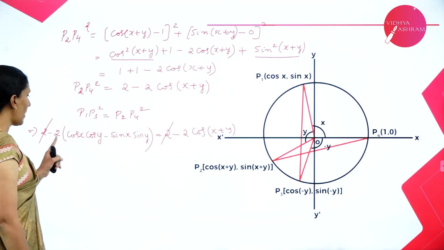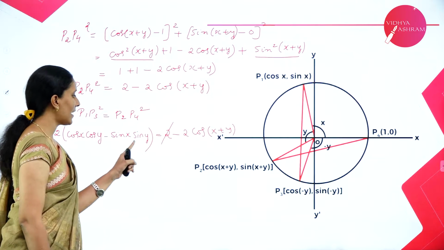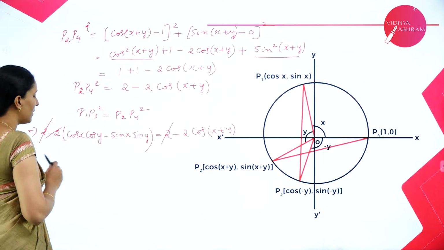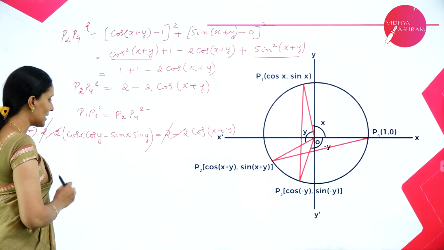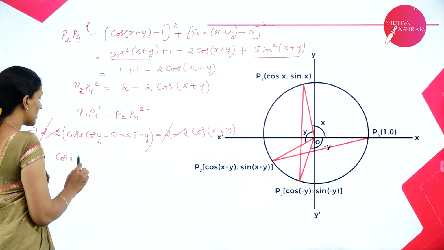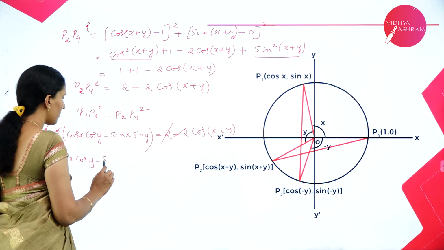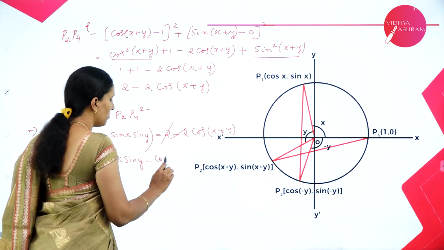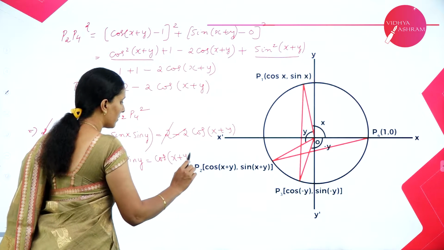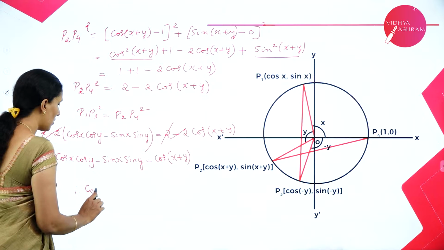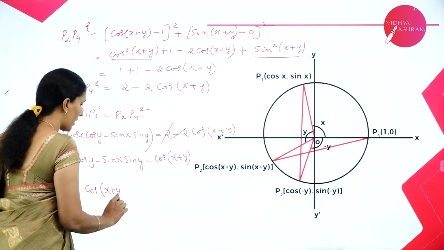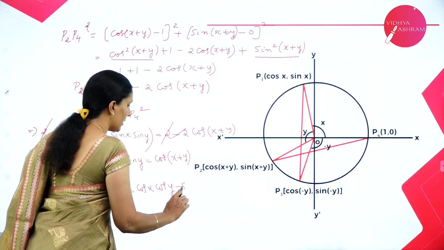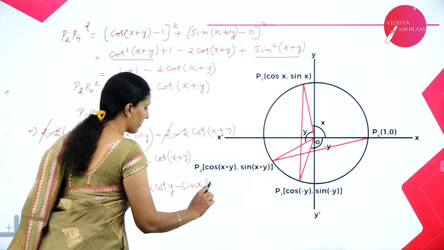Then you are left with minus 2 (cos x cos y minus sin x sin y) equals minus 2 cos of (x plus y). Again the multiple minus 2 cancels. So you are left with cos x cos y minus sin x sin y equal to cos of (x plus y). So thus we can conclude cos of (x plus y) is equal to cos x cos y minus sin x sin y.